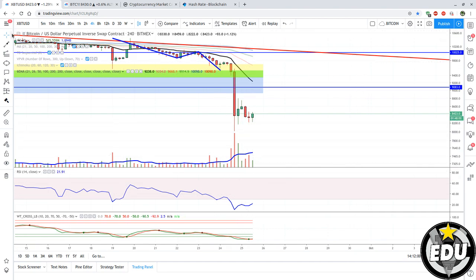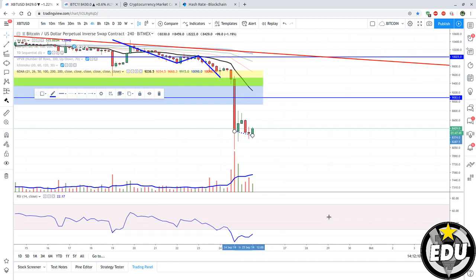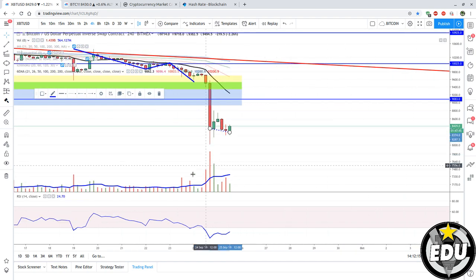We have a small divergence on RSI already. Small double T cross. Volume is picking up. It's going upward, so that could be a good indicator.